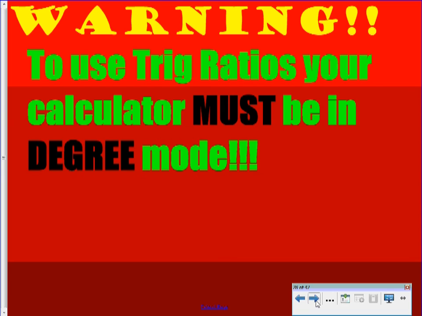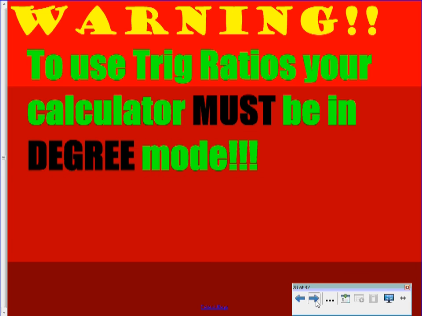Now, in order to use the trig ratios, you have to have a calculator that is set in degree mode. That is absolutely essential. Otherwise, you will get every single problem wrong. So, you need to go to the mode button on your calculator and make sure that on your mode, it has degrees chosen and not radians.